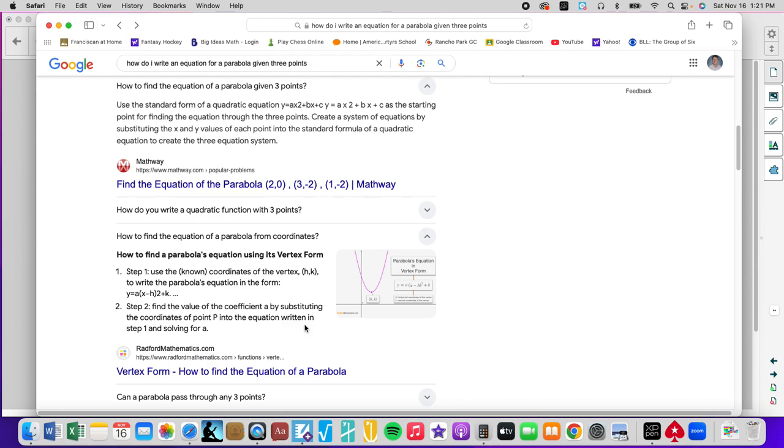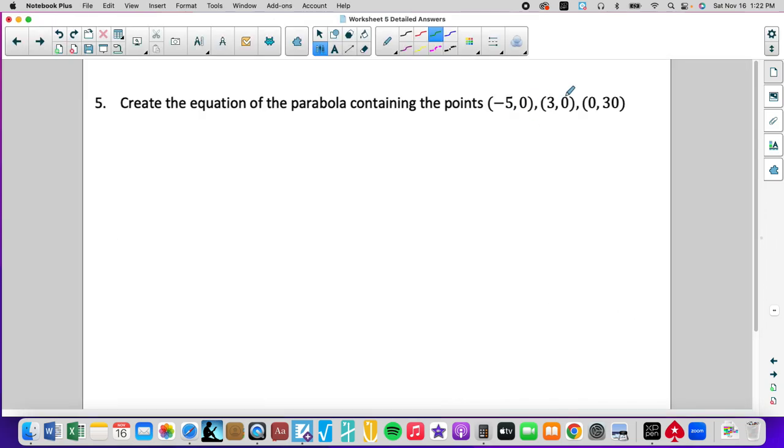H, the shift. Yeah, I mean, well, you have the vertex. All right, so maybe if you know that it's a vertex, do we know that this is the vertex? Yeah, so if we graph this, -5, 0 and +3, 0. Yeah, so we know where the axis of symmetry is because they're going to be equidistant.